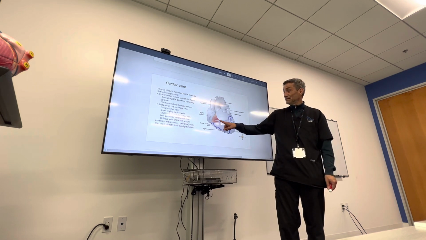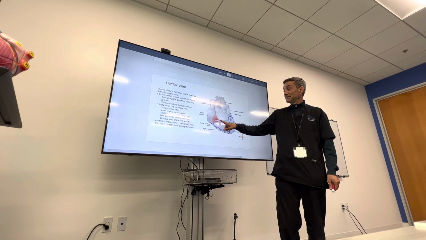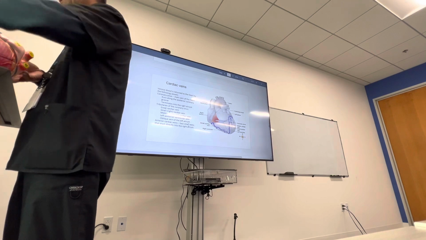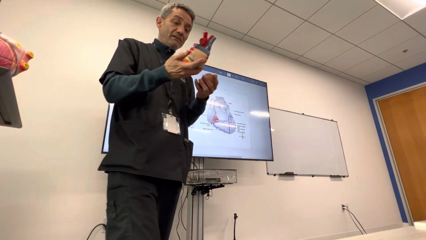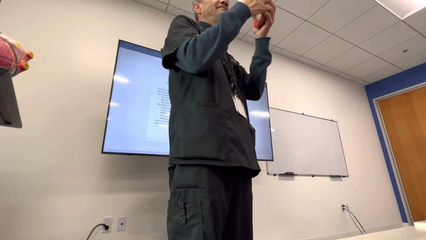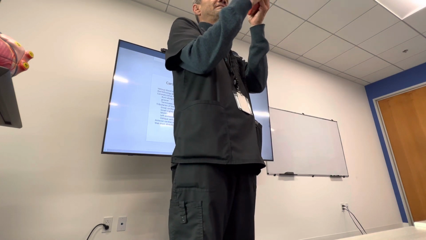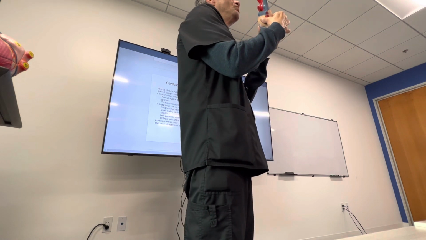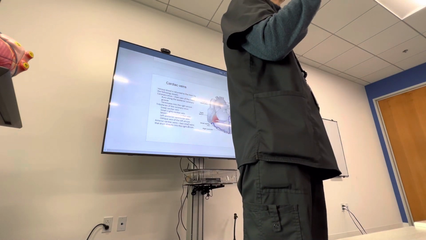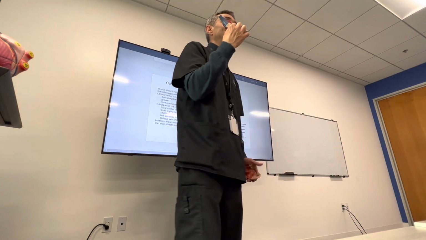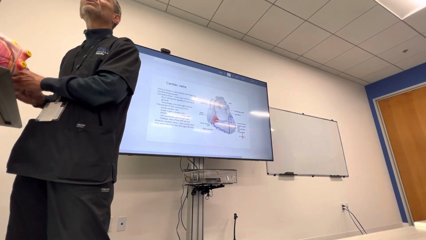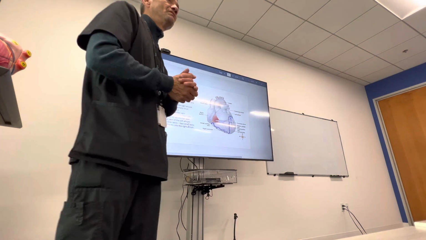Do you see that? So this is the right atrium and this is the open sinus on the right atrium. If you can see this white, that's the sinus of the veins. So the cardiac veins drain the blood directly to the right atrium. They don't need to drain the blood to either the inferior or the superior vena cava.